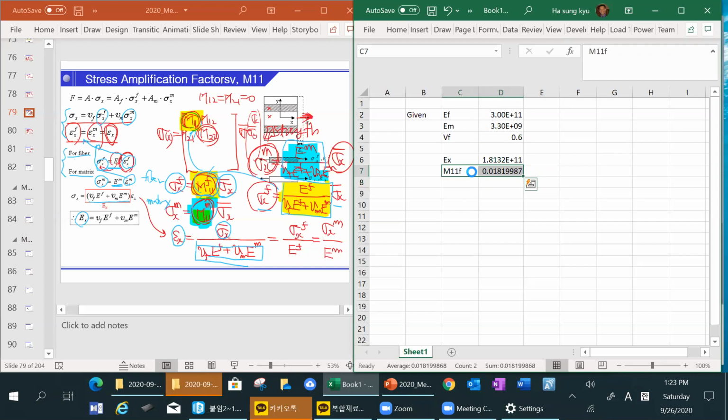And now, how about the M11M? M11M is here, this equation in yellow.